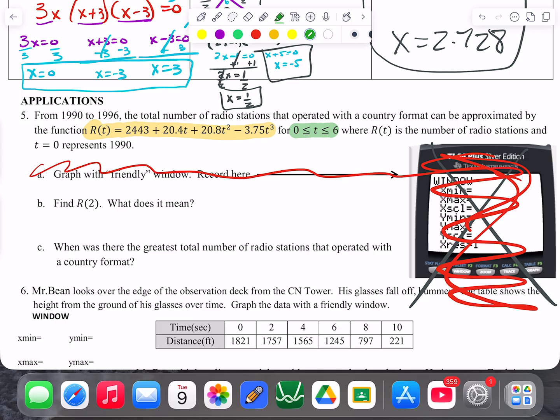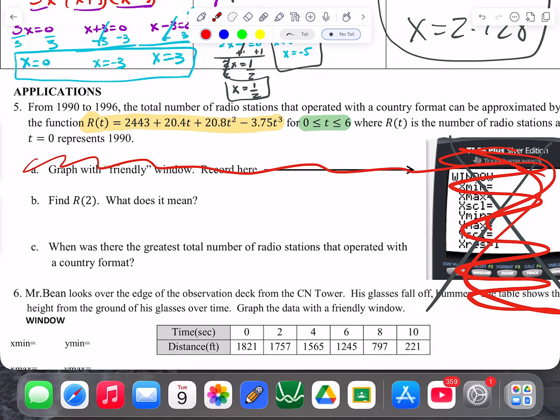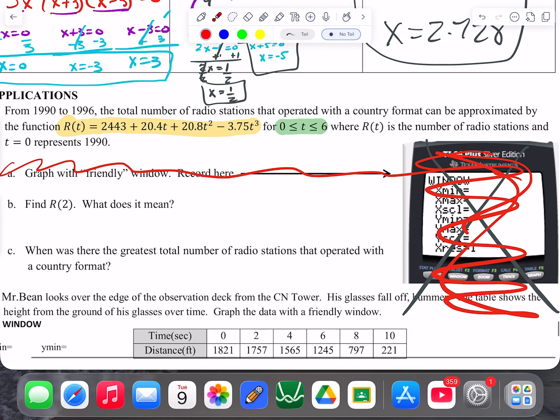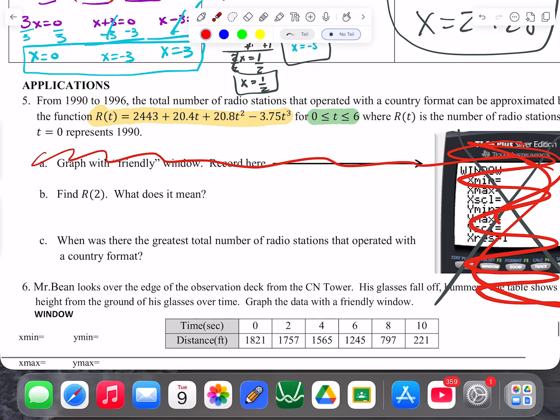But before we go to the graph, let's go ahead and answer B. It's asking you, what does this mean? So we need to write a statement. The name of the function is R. T represents time. R of t represents the number of radio stations. So 0 represents the year 1990. So on this one, if this is R of 2, that means that it's 2 years later.